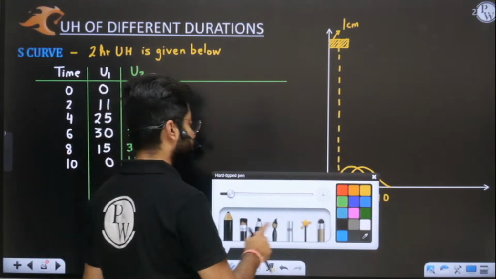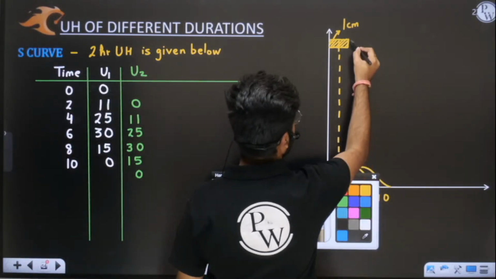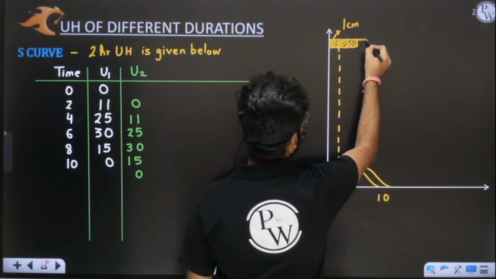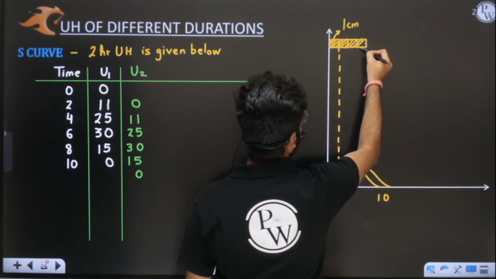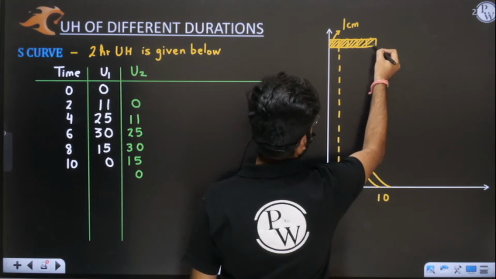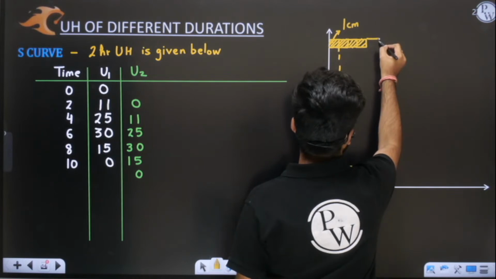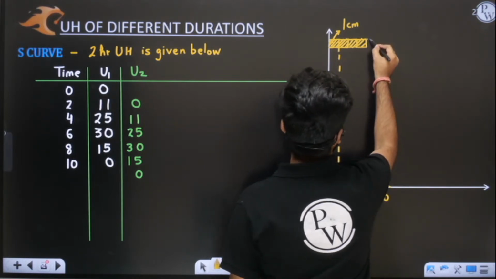Now, sir, we have to make it continuous. Again we have to do rainfall.